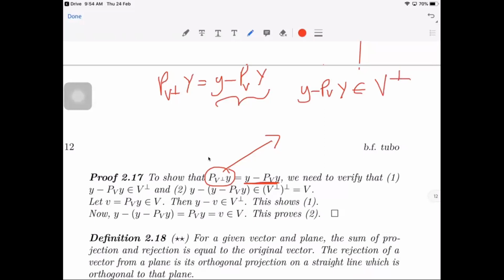And then ang isa, y minus the projection of y onto V perp is an element of V perp perp. But V perp perp is V. Okay?